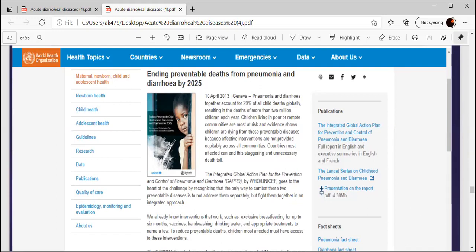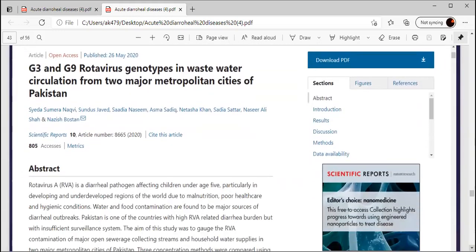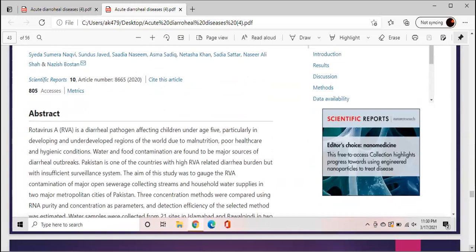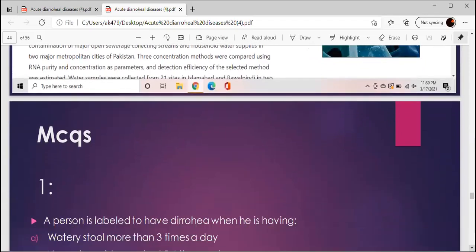The goal of the program is to reduce these mortality rates. This is a recent research on the rotavirus genotype in wastewater circulation from 2 major metropolitan cities of Pakistan. The aim of the study was to gauge the RVA contamination of major open sewage collecting streams and household water supplies in the 2 major metropolitan cities of Pakistan.